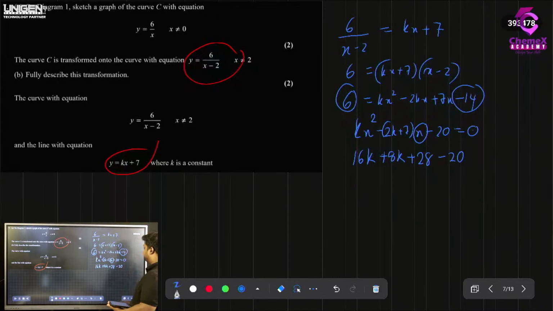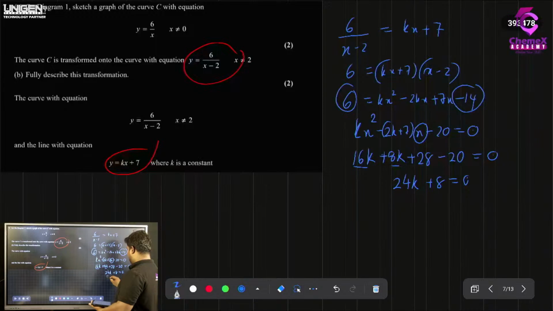Minus 20 equals 0. So 16 plus 8, how much is it? 24k plus 8 equals 0. If I take 8 out, somewhere there's a mistake. What is that, please?